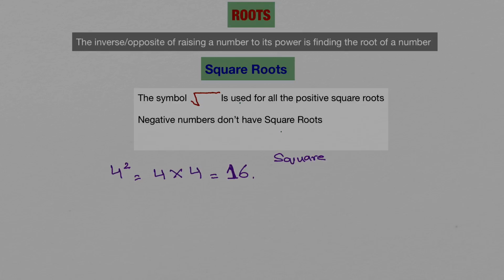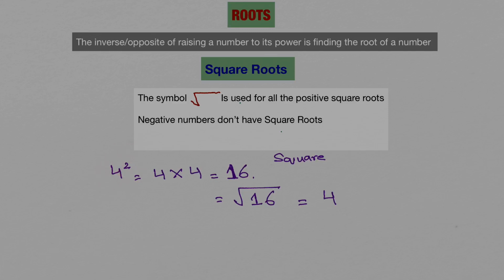The square root is the opposite of it. What we do in square root is write the square root of 16, which would be 4. The square root takes us back to the base of a square number.